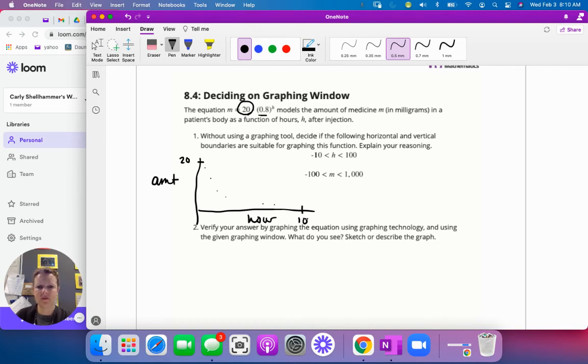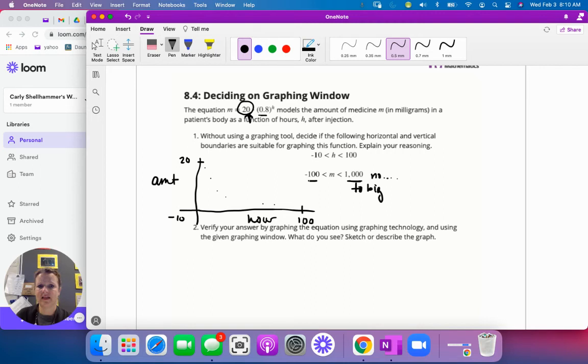I think 100 is probably too small, but what they're saying is -10 to 100. All right, but for the medicine, going up to 1,000 is a no, because the maximum amount of medicine we have is 20 milligrams. So I don't need a maximum of 1,000. That's just way too big.